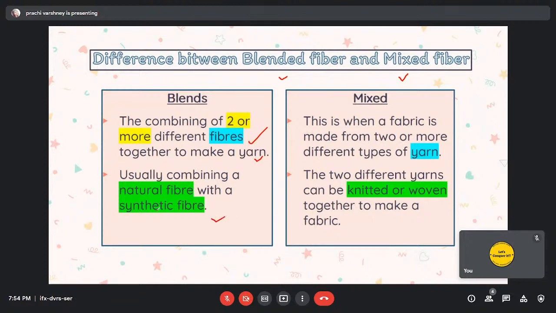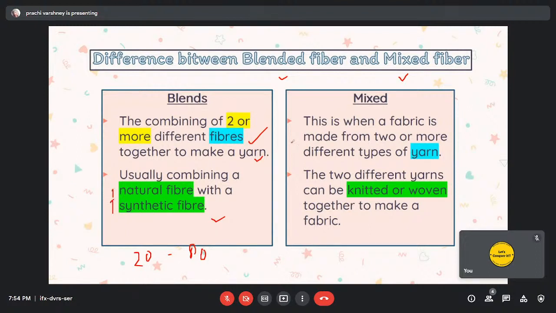Their ratio can differ, like 20% cotton and 80% polyester, depending upon the properties you want and the purpose you want to use it for. But there will be one natural and one synthetic only.